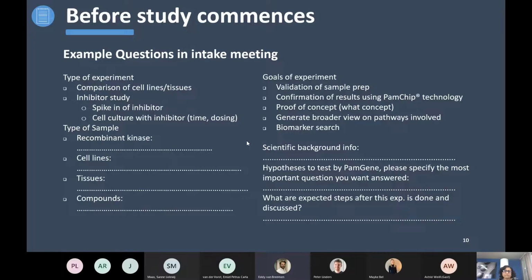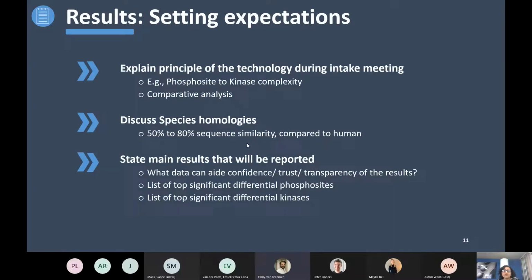To what extent? It's important to set expectations as well, because, for example, the principle of the technology, which I just went over, explains the actual complexity of the phosphosite to kinase relationship, and that it's a comparative or relative, differential kinase activity versus an absolute activity. So these are important things to explain.